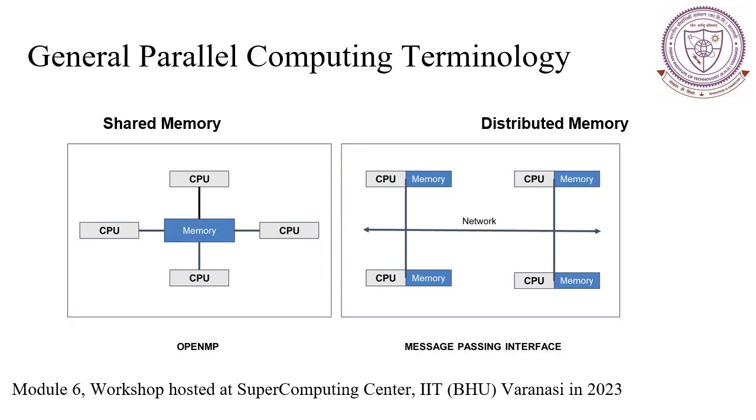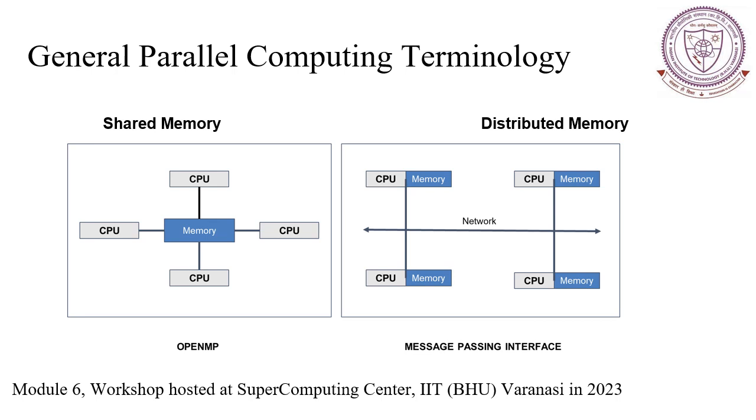Now we will see what are the general terminology used in parallel computing. It is essential to understand some key terminology that describes different approaches to managing memory in parallel systems. Two commonly encountered concepts in parallel computing are shared memory and distributed memory.